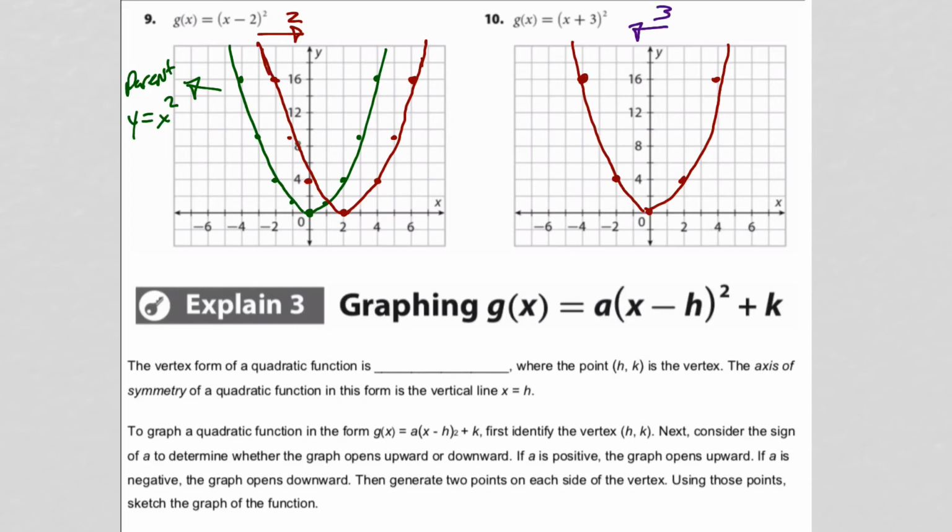So I literally go 3 to the left for everything. So here we go, 3 to the left. I think I went too far on this one. 3 to the left.